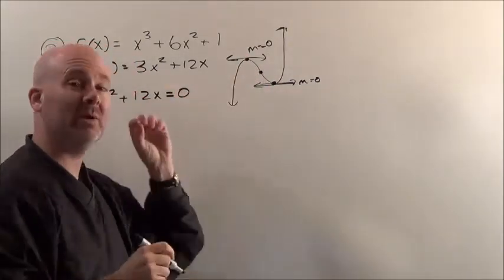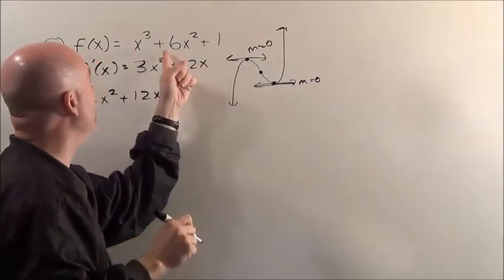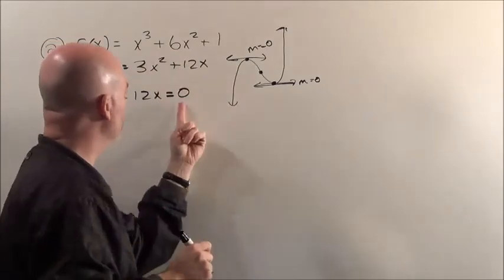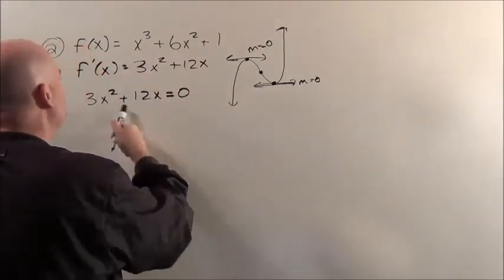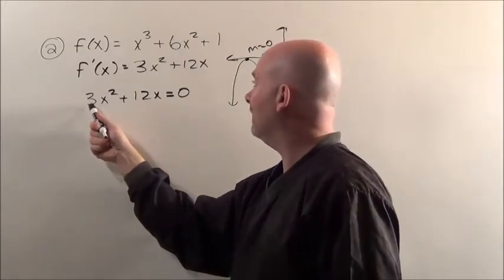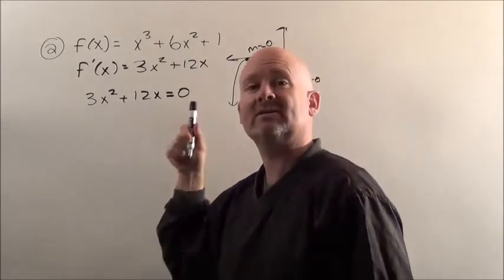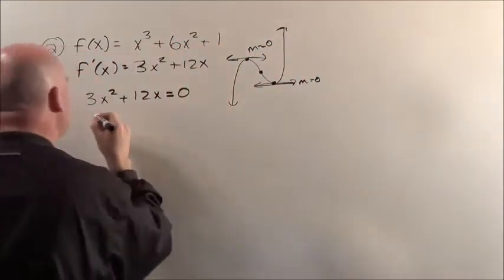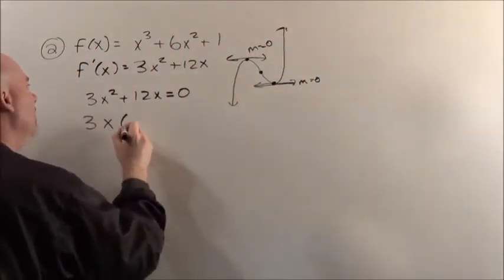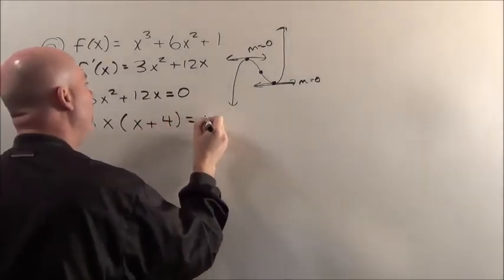Because remember, the derivative is that magical equation that tells you the slope anywhere on this original line. We want to know when it is 0. Looking at this equation, I notice they both have a 3 that can be factored out. It has x squared and an x, so an x can come out also. So the first thing I'm going to do is pull out a 3x, and left behind is x plus 4.